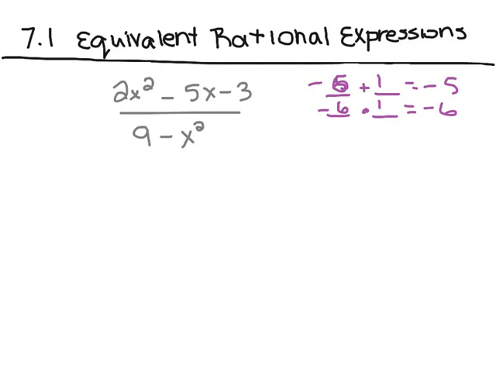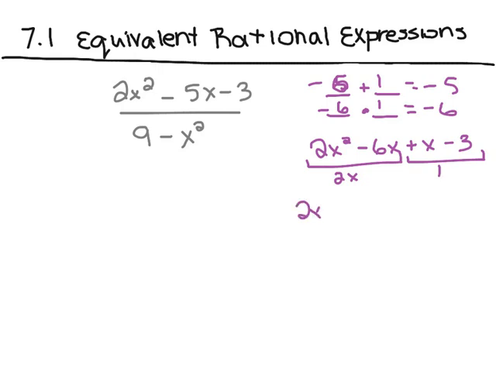When we factor this, I always do it on the side just to keep my work a little bit more organized. 2x squared minus 6x plus x minus 3. Break it into two groups. Take out a 2x, and take out a 1. So we should have 2x, x minus 3, plus 1, x minus 3. So your final is 2x plus 1 over x minus 3.